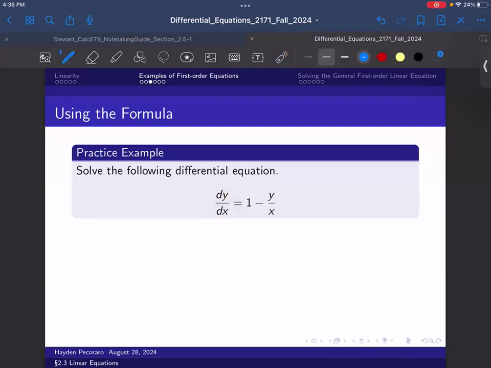Let's check that. One over e to the what? 1 over e to the log absolute value x. Not quite yet. There's one thing missing. Did you get that?